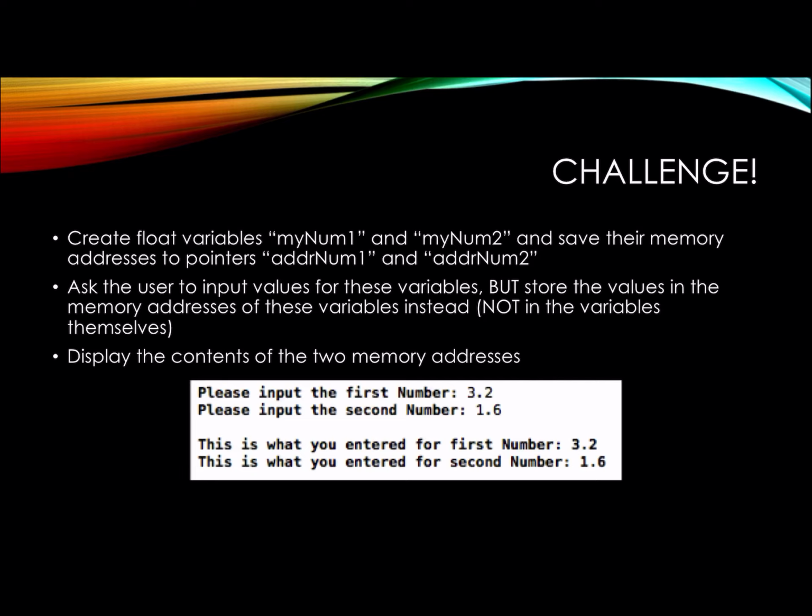Now remember that a while ago I told you that if you want to create a pointer for a specific variable, that variable and that pointer should have the same data type. So you have two float variables here, and so your addrnum1 and addrnum2 should also both be float.